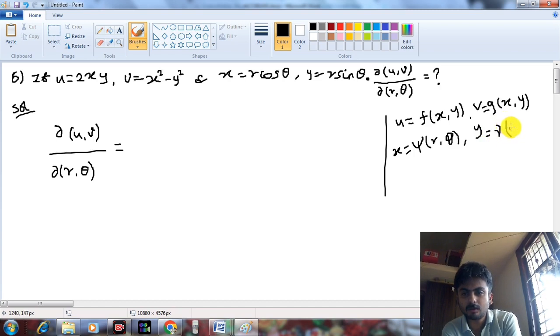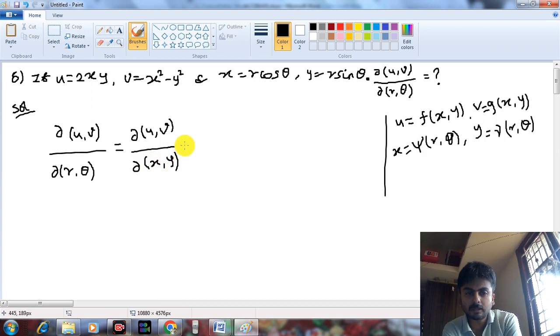Both u and v are functions of x and y, so we can differentiate u and v with respect to x and y: dou of (u, v) divided by dou of (x, y).